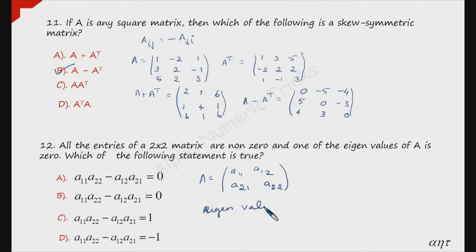By the property, the product of the eigenvalues of the matrix A is equal to the determinant of A. This is one of the properties of eigenvalues and eigenvectors. That is, lambda 1 times lambda 2 is equal to determinant A. We take the eigenvalues of the given matrix to be lambda 1 and lambda 2.